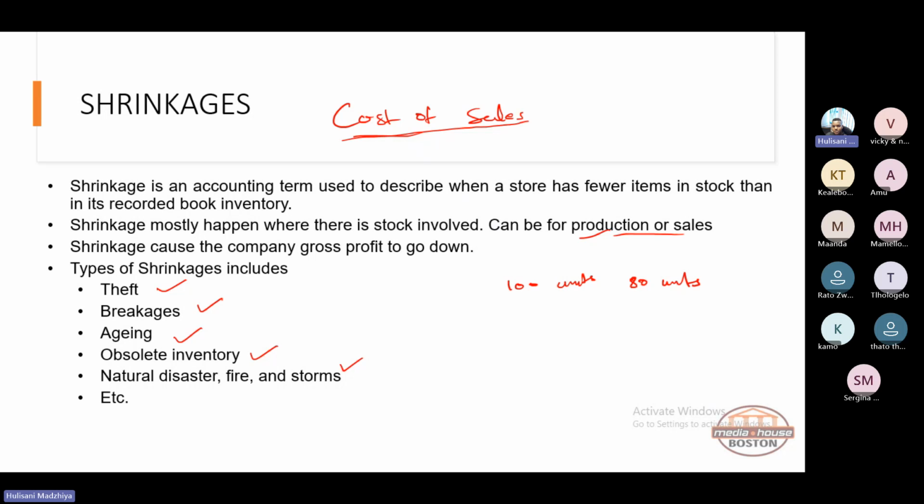So I want you to think of a few ways in which we can mitigate this shrinkage and tell me in the chat section. I'll give you 1 minute to type each and every way, or 3 ways, in which we can mitigate this type of shrinkage. How can we avoid our inventory shrinking so that we remain profitable as a company?